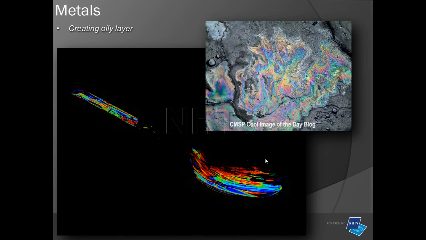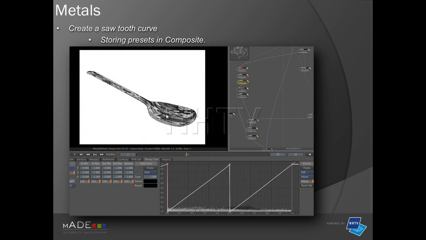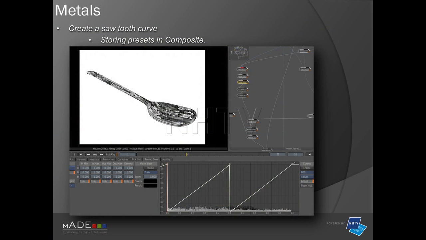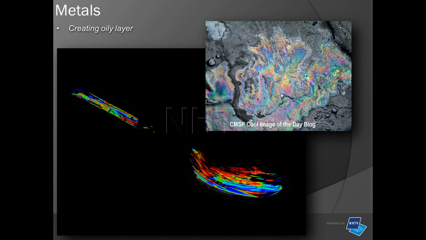Now the next step is the following. We want to increase the amount of color changes that we have with the oils. Like in the previous example, if we go back a little bit, we see we have this repetition of patterns, with green going to blue to red to yellow, going to green, going to blue, going to red.